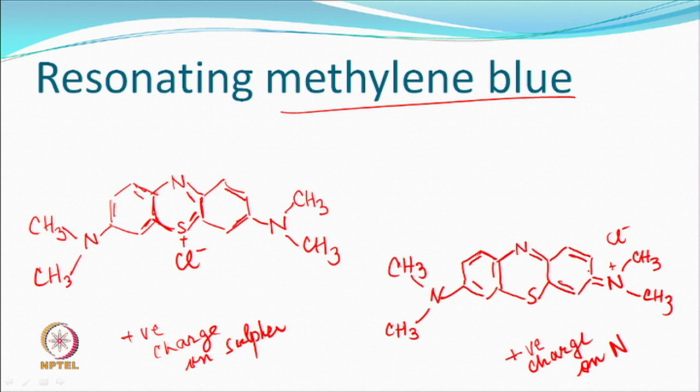If you have a resonating structure, the number of conjugations remains the same, and the chromophores, for example, dimethyl nitrogen or 2 methyl groups here, remain the same, and so the color does not change, but it becomes a much more stable structure.